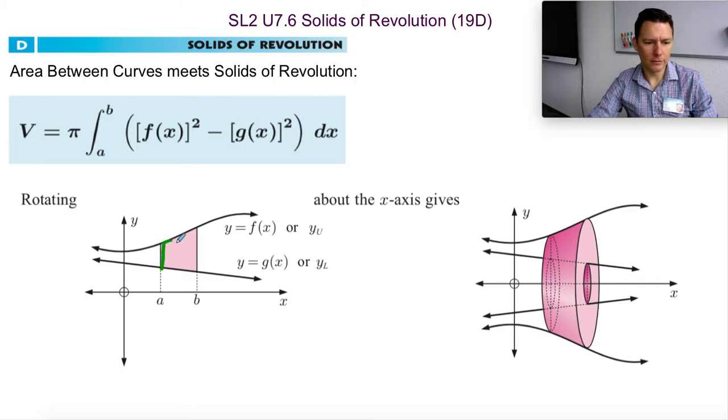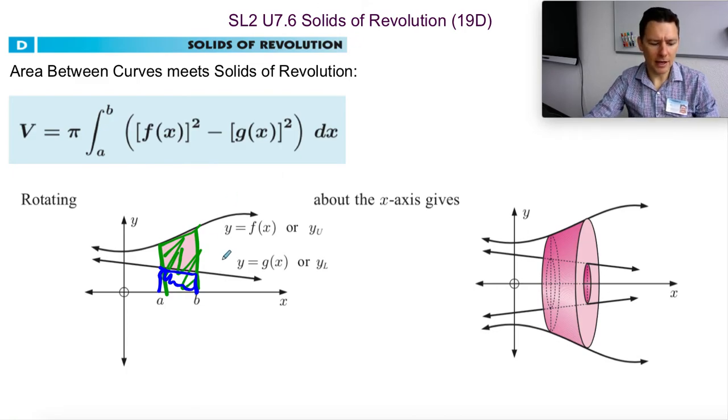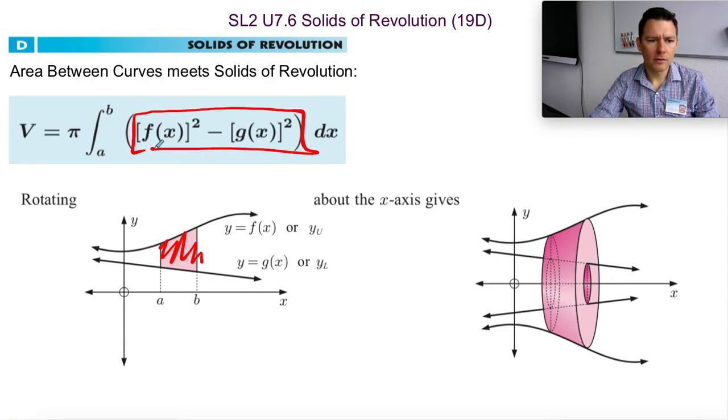You find the area under here, you find the area under here, you subtract, and you're left with only this piece. Square them both, subtract, and then revolve it. So it would give you this donut shape.